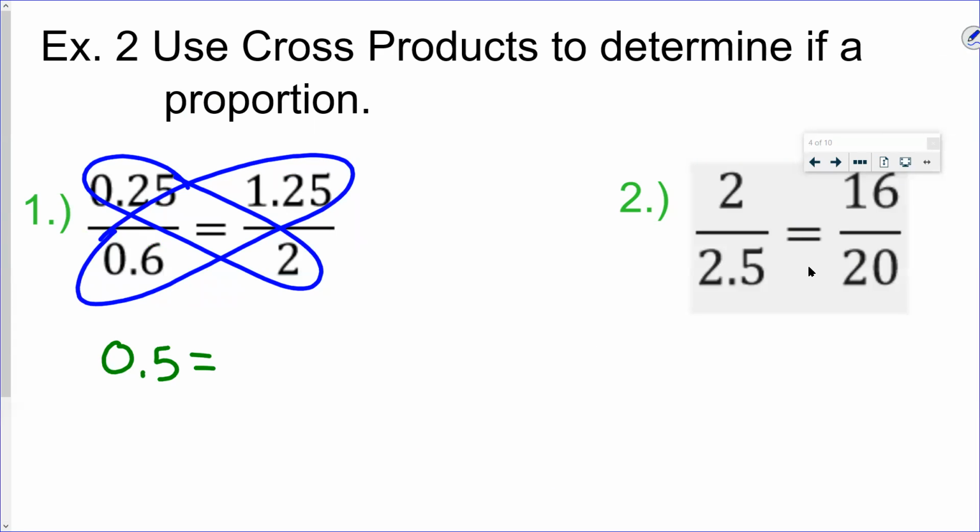And if we plug that into a calculator, 1.25 times 0.6, I get 0.75. 0.5 is not equal to 0.75. So no, this does not equal to each other. So this is not a proportion.